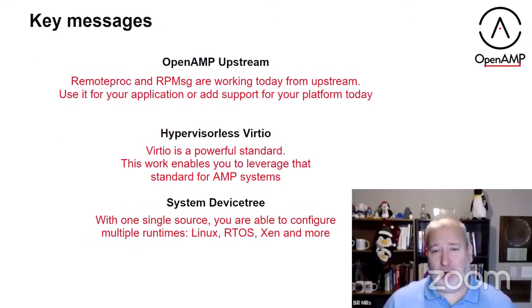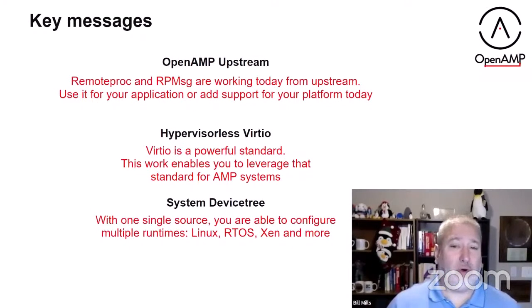Coming out of today, what we'd like you to understand and remember is that remote proc and RP message is usable upstream today. If you're an end user, hopefully you can start using this. If you're a silicon provider and your platform isn't already working upstream, now would be a great time to engage with us. For hypervisorless Virtio, we would like you to understand that Virtio is a very powerful standard, and that this work allows you to use that powerful standard on AMP systems.